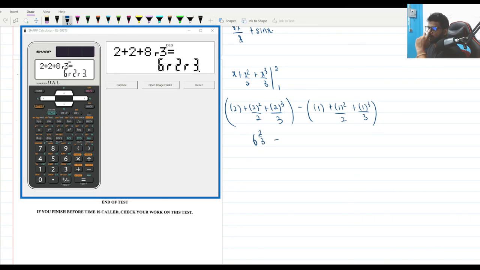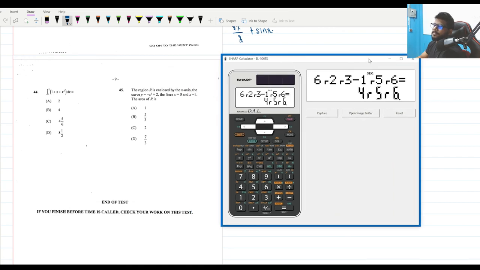Take away 1 plus 1/2 plus 1/3, which is 1 and 5/6. 6 and 2/3 take away 1 and 5/6 equals 4 and 5/6 is the answer.